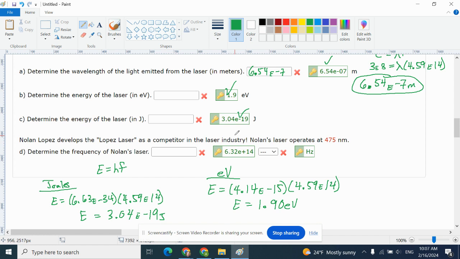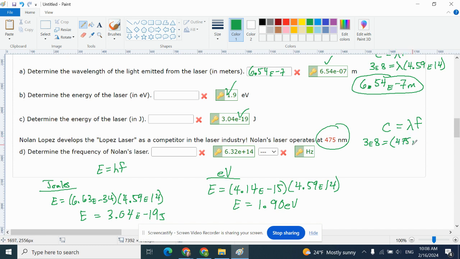Okay. Another student develops another laser. 475 nanometers. What is the frequency? We'll go back to C as lambda F. They gave us nanometers, so not a big deal.